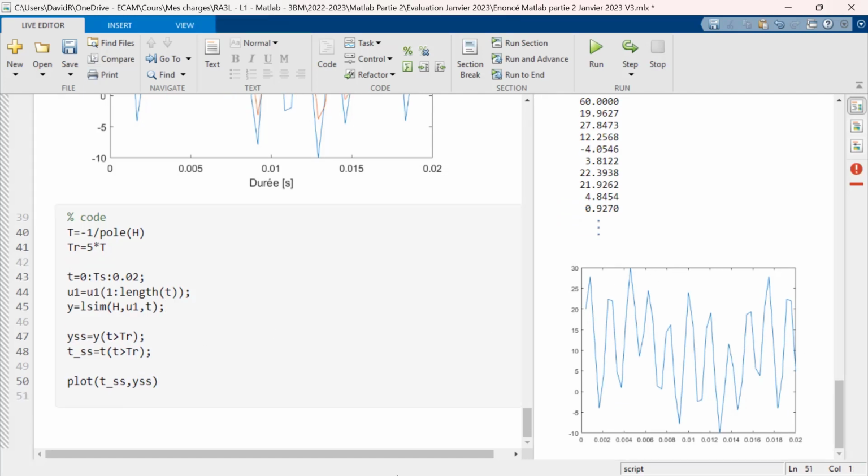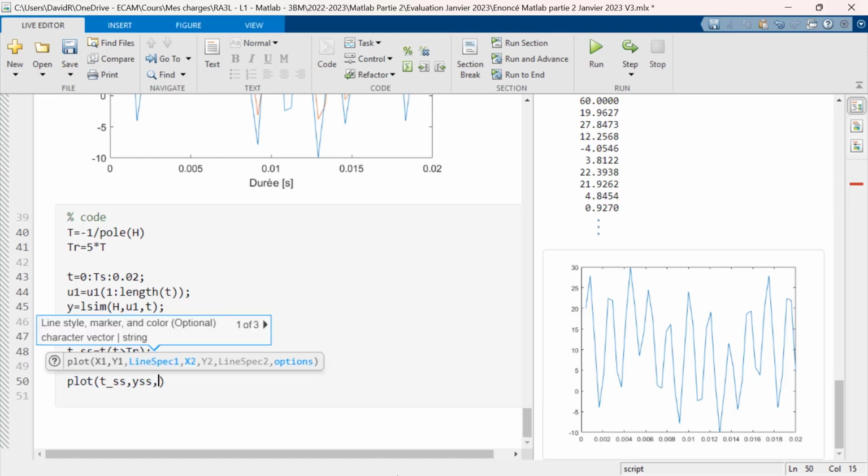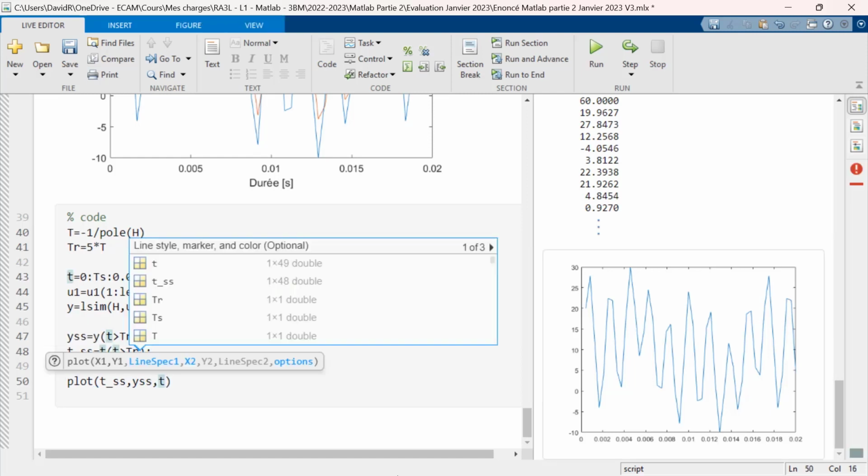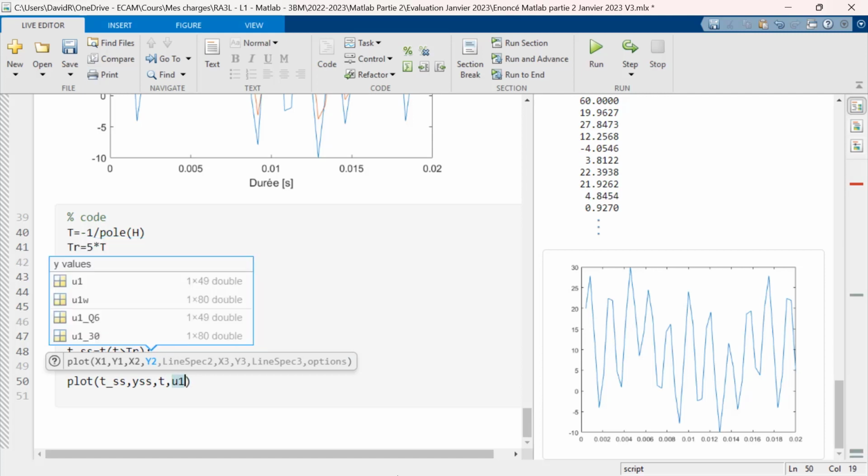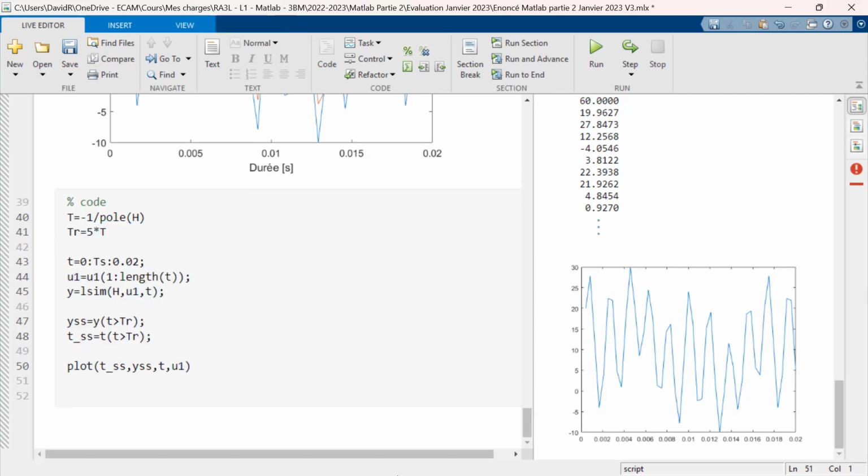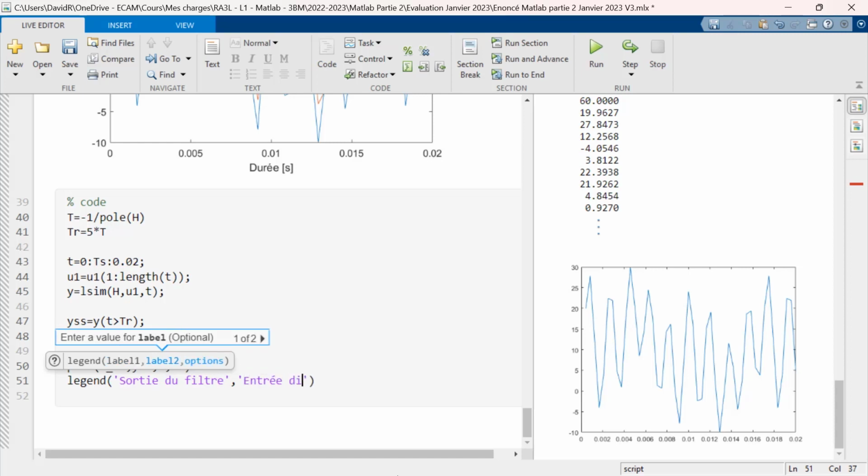Je vais venir demander à avoir également mon vecteur T et mon vecteur U1 qui était donc le signal d'entrée. Puis je vais pouvoir venir mettre une petite légende en disant que j'ai ici la sortie du filtre et que ici j'ai l'entrée du filtre.